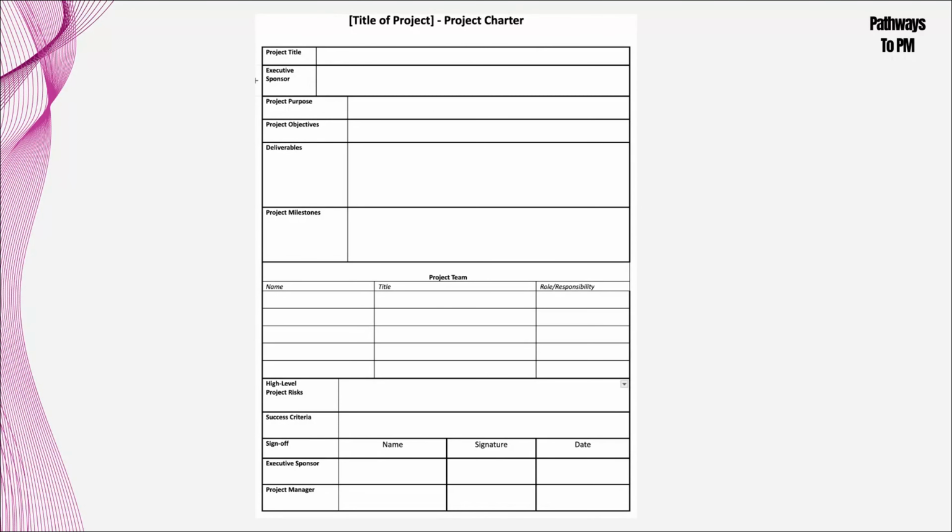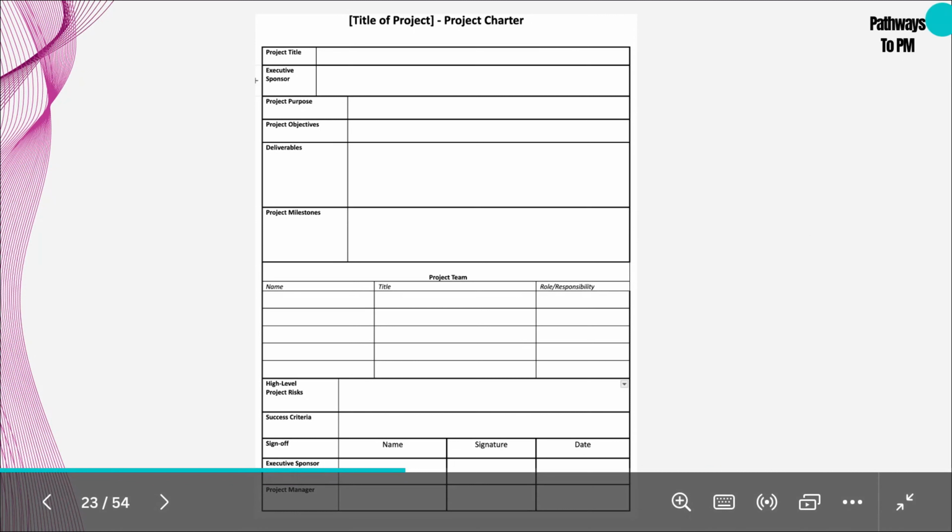Success criteria. What's going to show you that you've been a success? That's the criteria we're looking for. That should be also identified here. And then the sign off from the executive sponsor and also you, the project manager. So that's really it for the project charter.